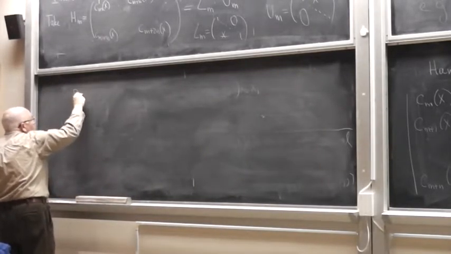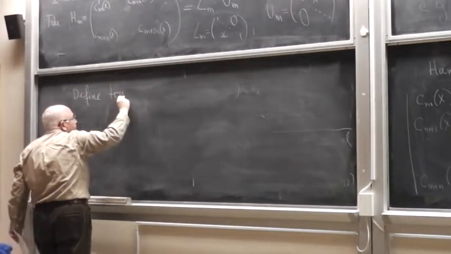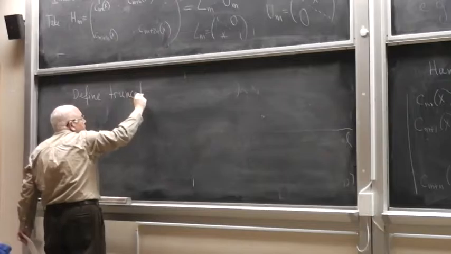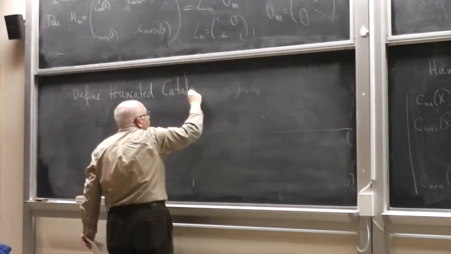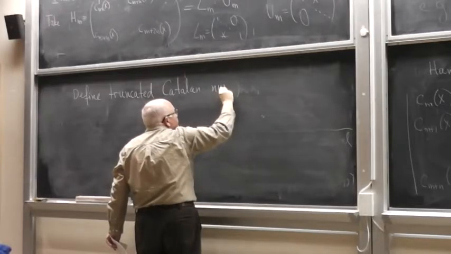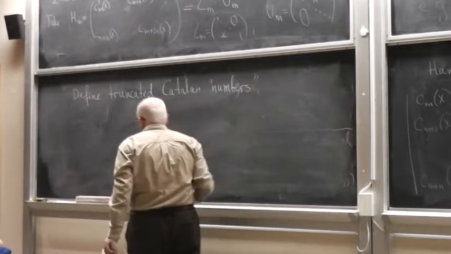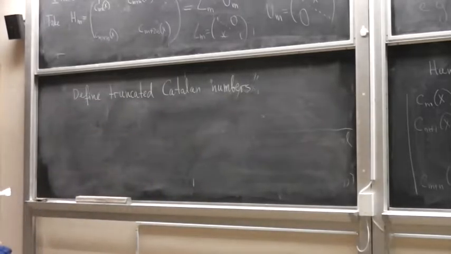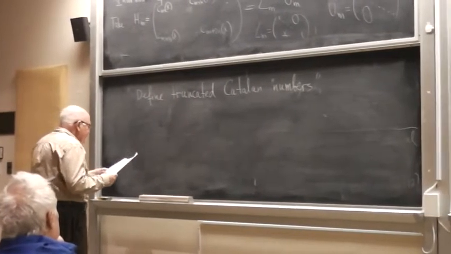So I'm going to define truncated Catalan numbers. In this case, I don't know if the classical analog exists, but still I can define this.